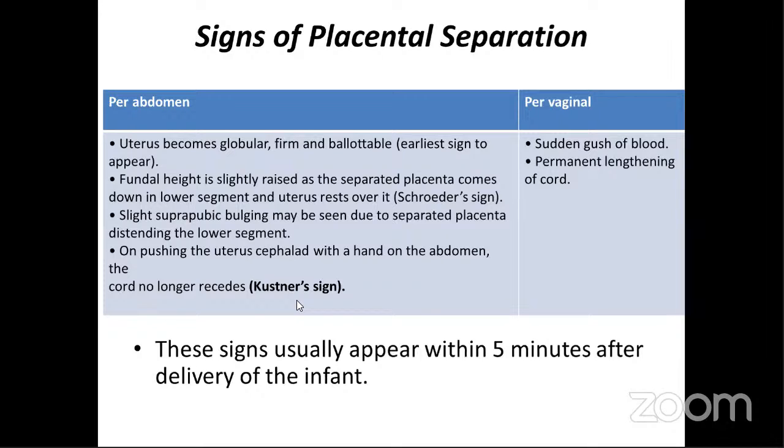We did the controlled contraction. Okay, so you could do the controlled contraction delivery of the placenta. Could you identify the signs of placental separation, what we discussed? Any one of the signs? Yes, ma'am. The globular and firm uterus, and the lengthening of the cord, and the sudden gush of blood is also seen.